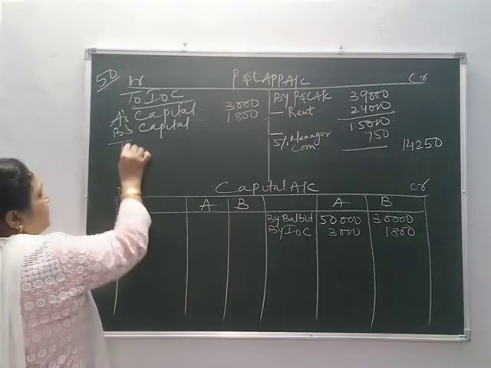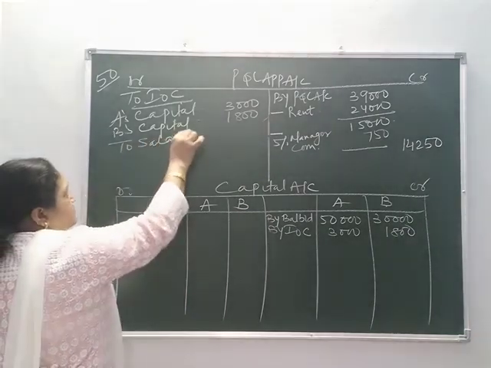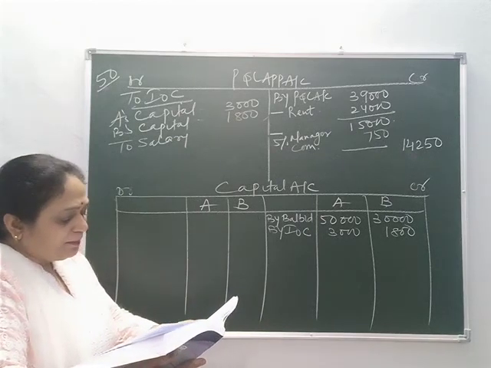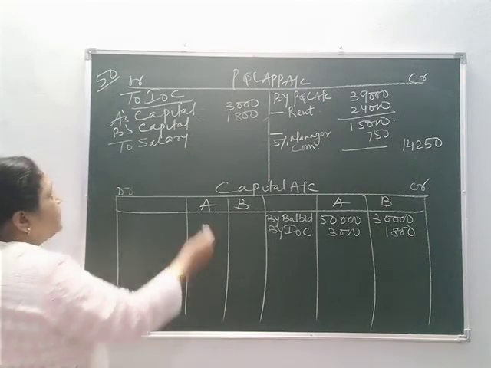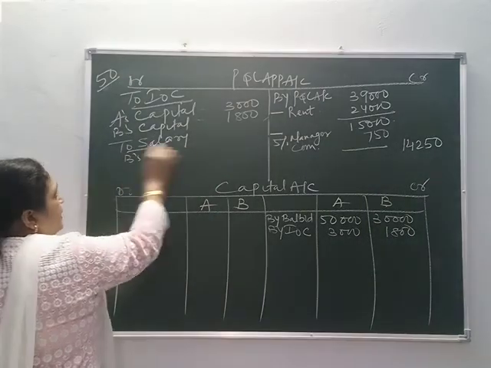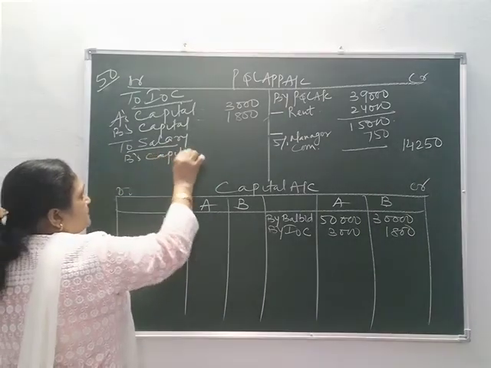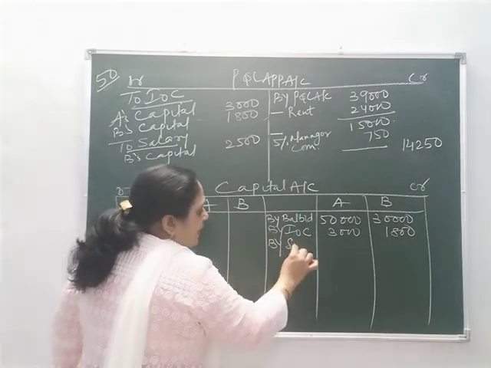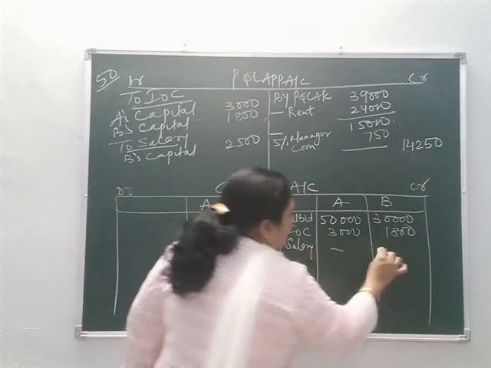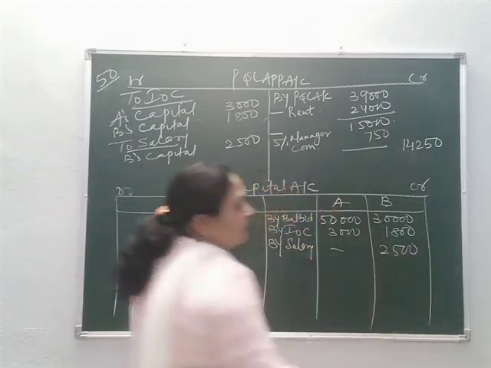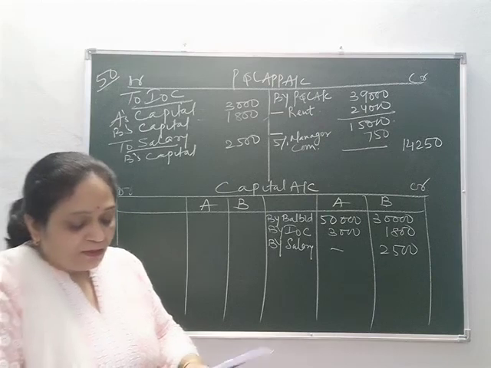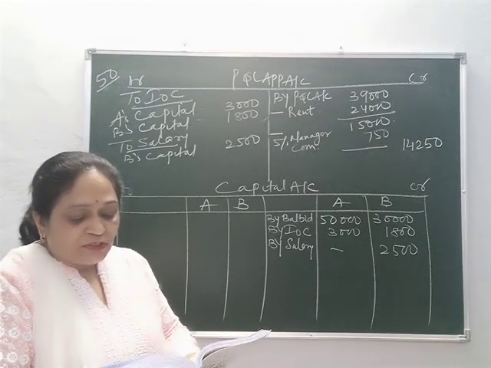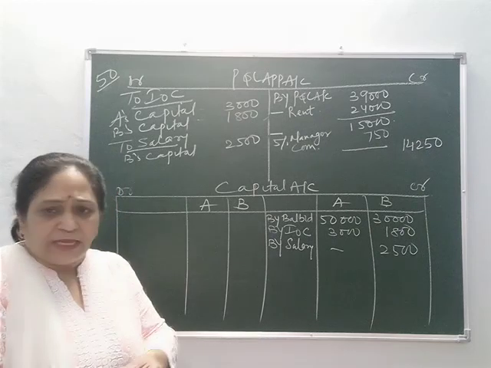Thereafter salary. Salary is payable to whom? B is allowed an annual salary of 2,500. So B's capital account, 2,500 by salary of B, 2,500. Okay. Thereafter, the manager's commission and everything has been accounted for. That's it.